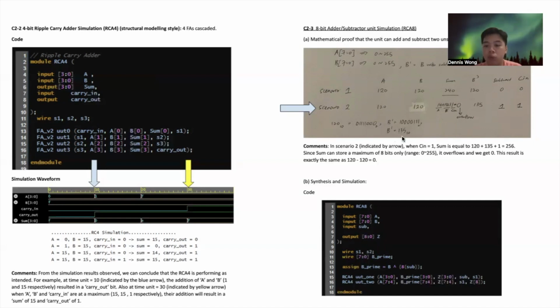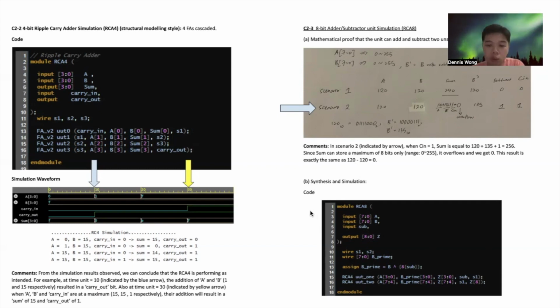So 120 + 135 + 1 equals 256. Remember, we're dealing with 8 bits here, so it overflows, and when something overflows, we get 256 minus 256 equals 0. That's why we get 0 in the end, and it is the same thing as 120 minus 120.